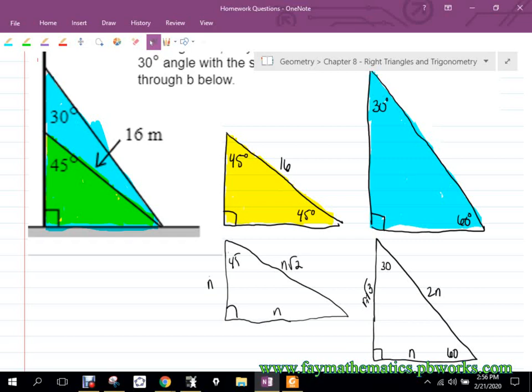So I try to tackle it one triangle at a time. Okay? So I highlighted the one over there that's green. That was yellow, and I went over it with blue, so it turned green. But we got the 45-45 yellow triangle, right? Okay. Do you know a dimension out of that triangle? Do you know a side length of it?